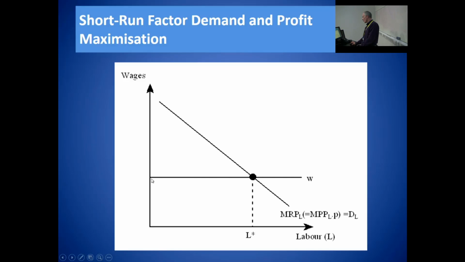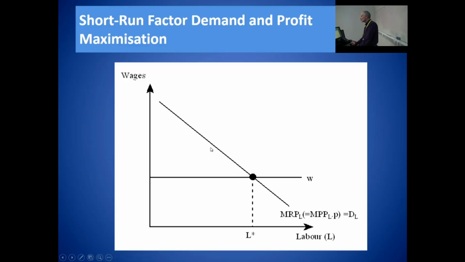So, given that constant wage rate, how many workers would the firm wish to employ? It would adopt that profit maximising rule of equating wage with the marginal revenue product of labour, which in the diagram occurs there. So optimally, the firm will wish to employ L star units of labour. But if the firm were forced to pay a higher wage rate, so the wage was up there, how many units of labour would it employ?